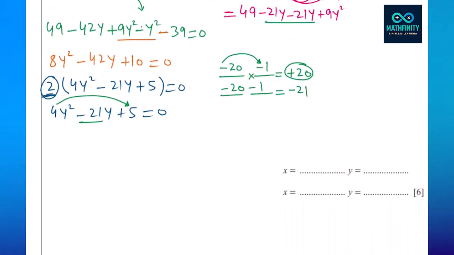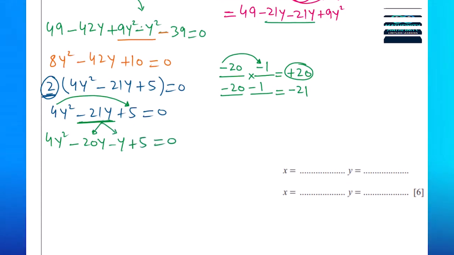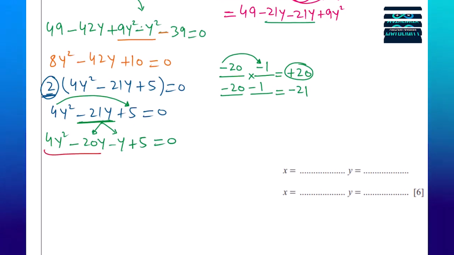Now we have to write here 4y square minus 20y minus y, because this is the middle term breaking. This term we divided this way, and this positive 5 as it is, equal to 0. Now what is common from the first pair? 4y and 4y.